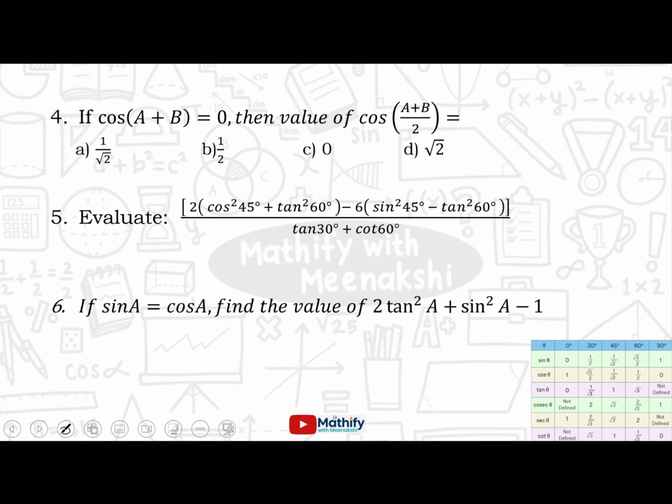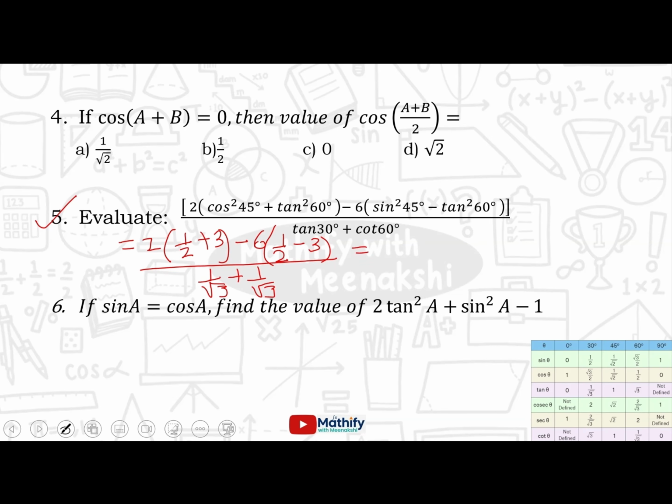Let's move to question number 5. In question number 5, it's written 2 bracket cos square 45 degree, that is half, 1 by root 2 square, plus root 3 square is 3, minus 6 bracket sine square 45 degree, again it's half, tan square 60 degree is 3, divided by tan 30 1 by root 3, cot 60 1 by root 3.